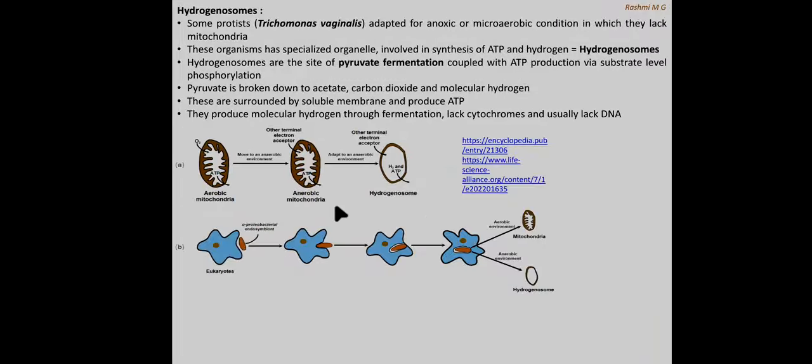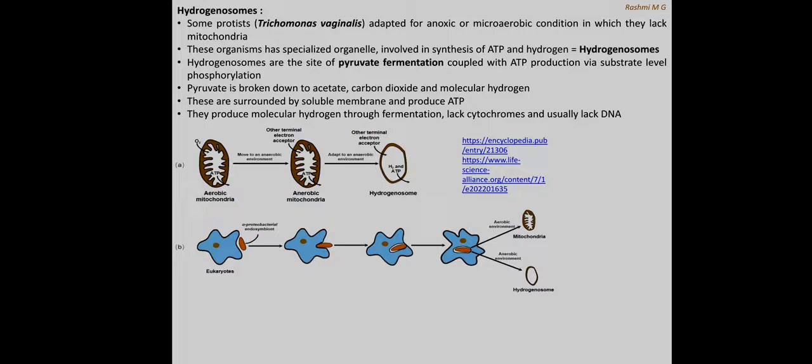Next, another special organelle is the hydrogenosome. Where are these hydrogenosomes present? In some protists like Trichomonas vaginalis, adapted for anoxic conditions. Anoxic means there is no oxygen, or a microaerobic condition, where oxygen is in less amount. In that condition they lack mitochondria.